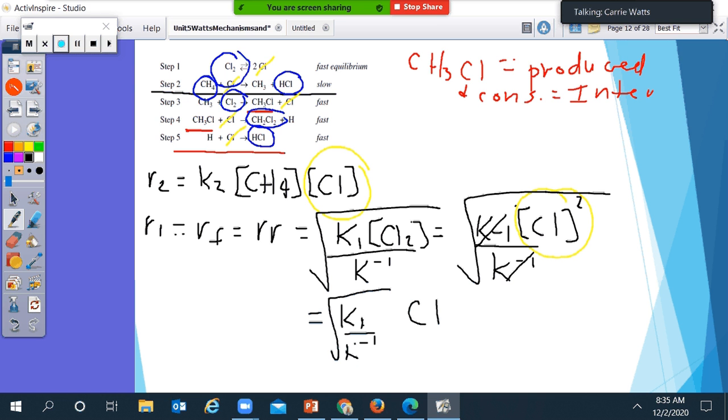I'm going to write it as Cl2 to the 1/2 instead of writing square root, and that's going to equal Cl.